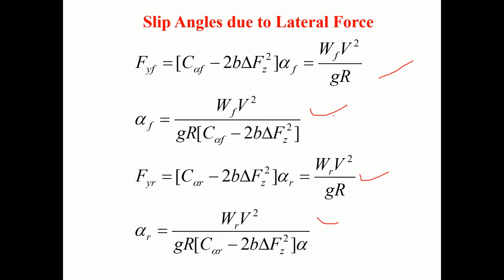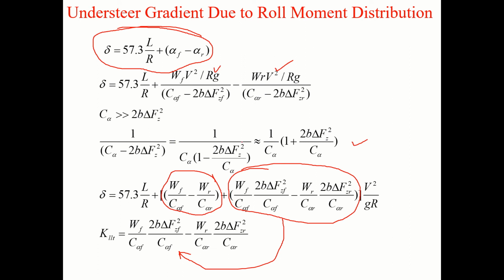From here we are getting all this. So if there is more load on the front, then definitely this will be much higher than this. This will become positive. Also what matters is the tire stiffness at the front compared to the tire stiffness at the rear. Tire cornering stiffness, this is what I am talking about.